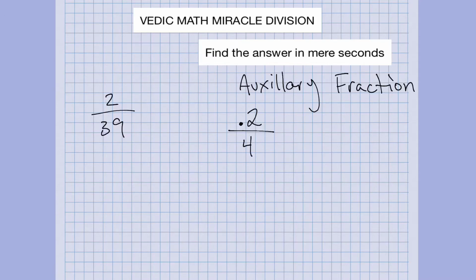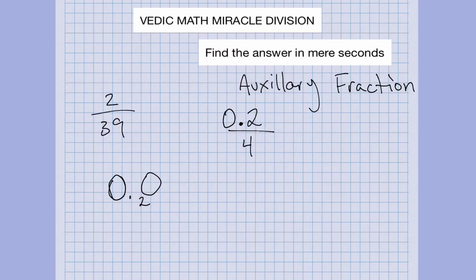So we have 0.2 divided by 4. We ask ourselves, how many times does 4 go into 0? 4 goes into 0, 0 times with 0 left over. Now, how many times does 4 go into 2? 4 goes into 2, 0 times with 2 left over. We put our carries down here at the bottom.